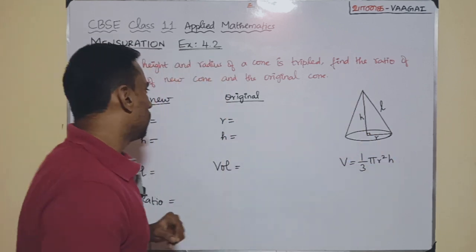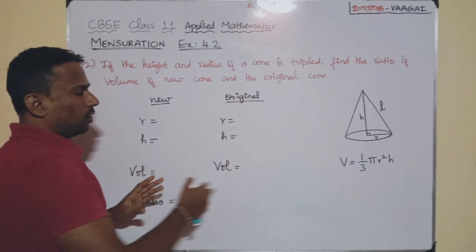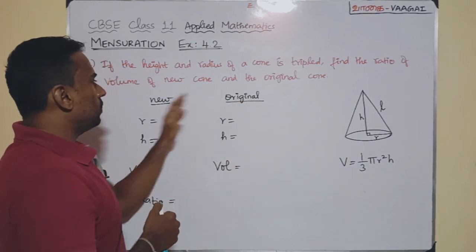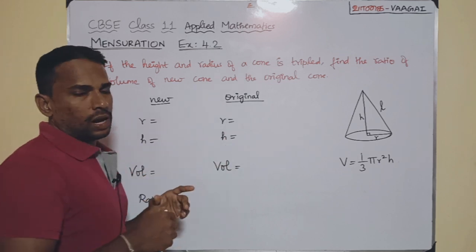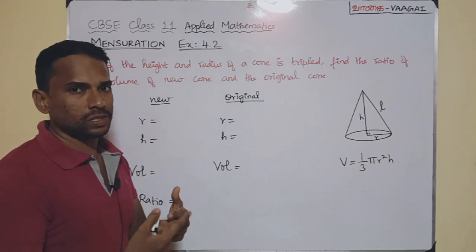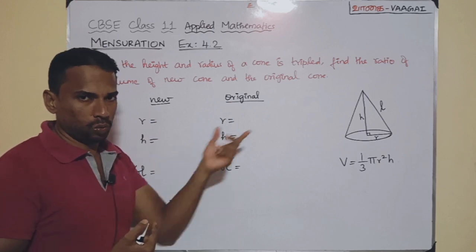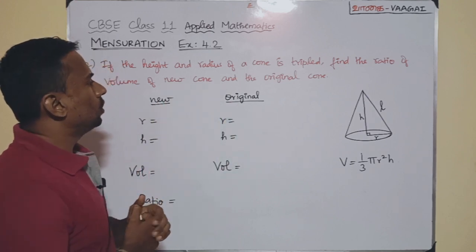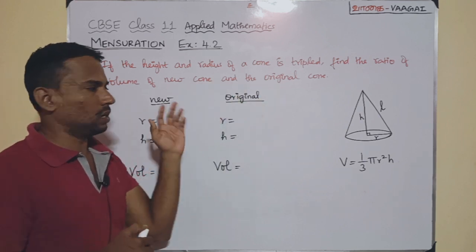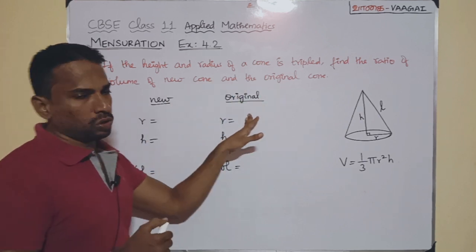Where r is the radius, h is the height. Okay, fine. Now I've made a small table here comparing the new and original measures. Because there's a cone and you need to make some changes in the dimensions of the original cone, and so you get a new cone. So I made a comparison like this. Now let's start from the original cone itself.